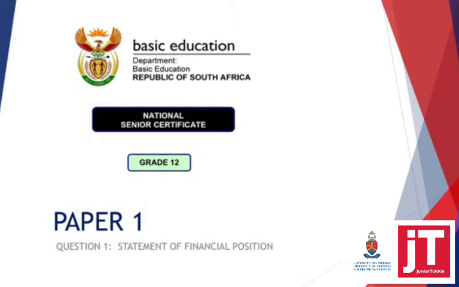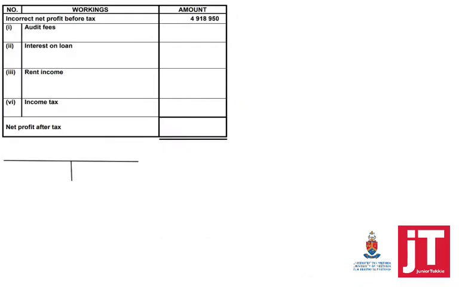So this video is going to focus on completing the correct net profit after tax and completing the statement of financial position. A reminder, the incorrect net profit before tax was given to you.